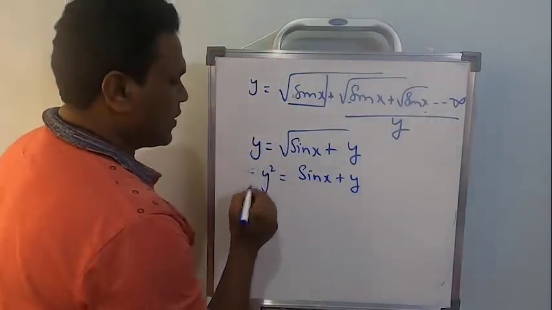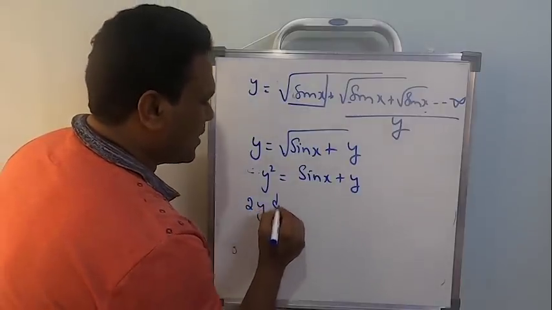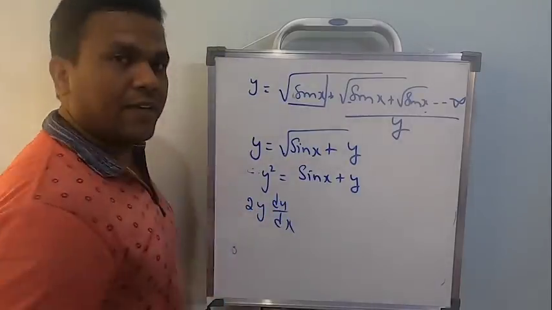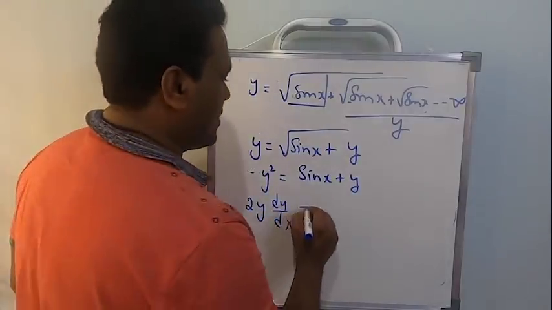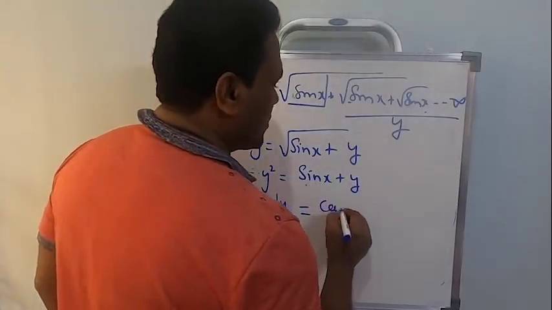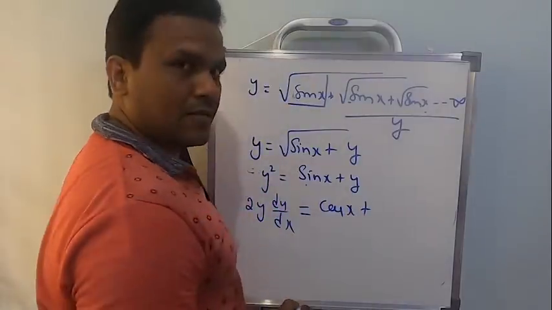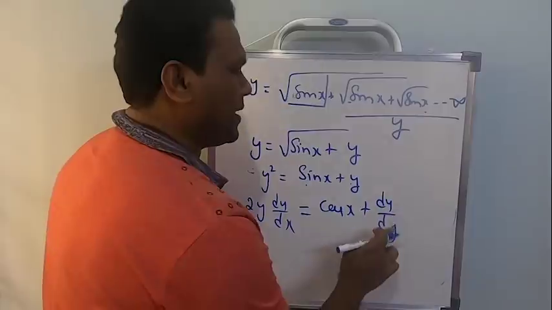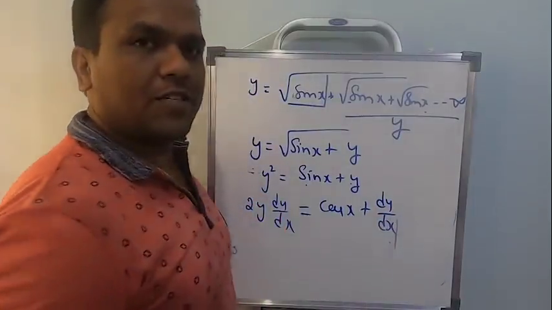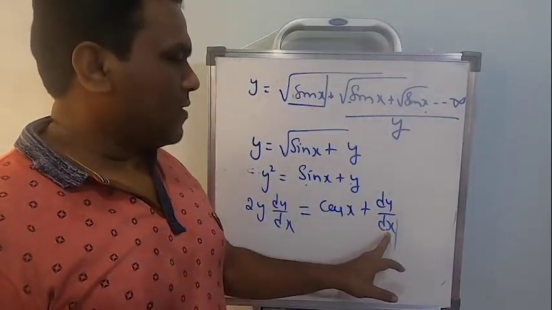Now go for differentiation. Differentiation of y square will be 2y multiplied by dy by dx, equal to differentiation of sin x, which is cos x, plus differentiation of y, which will be dy by dx. So differentiation is over, the rest is to find dy by dx.